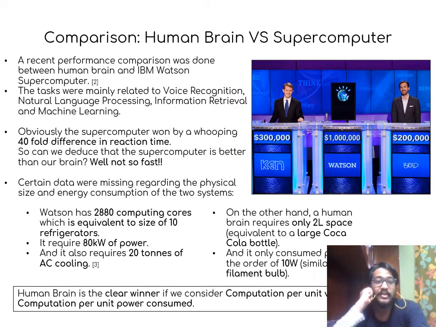IBM Watson has 2,880 computer cores that take up a space equivalent to 10 refrigerators. It also requires 80 kilowatts of power and 20 tons of AC cooling. On the other hand, those human brains require only 10 watts of power, similar to a light bulb, and take up space equal to a large soda bottle. Therefore, biological brains are the clear winner here, considering the computation per unit volume and computation per unit power consumed.